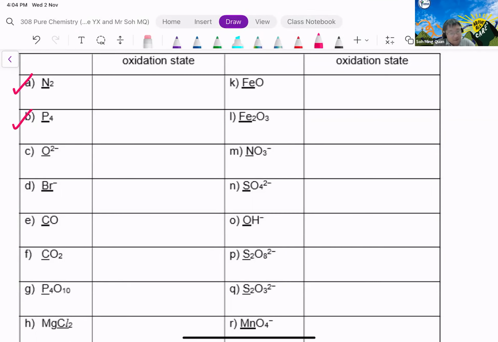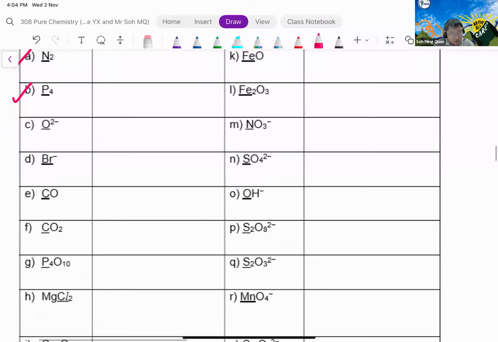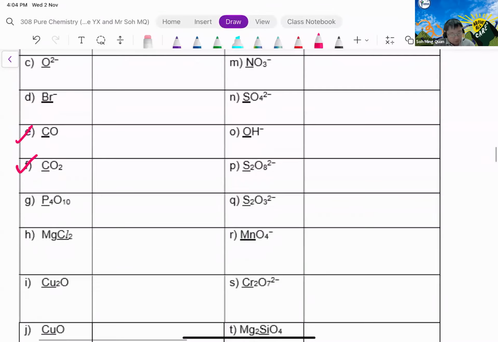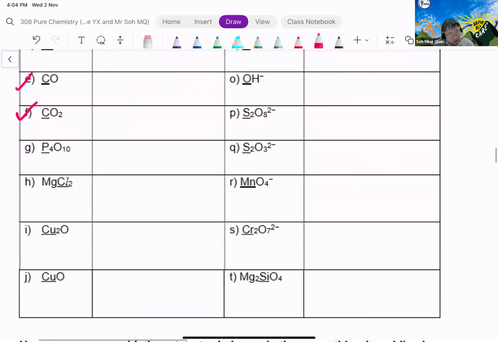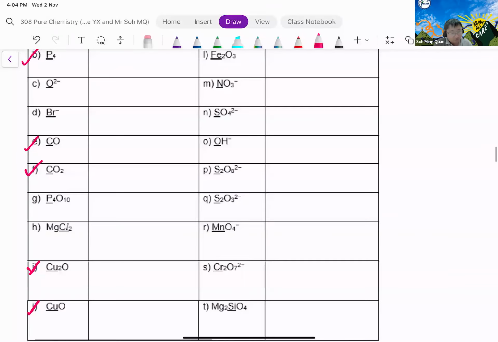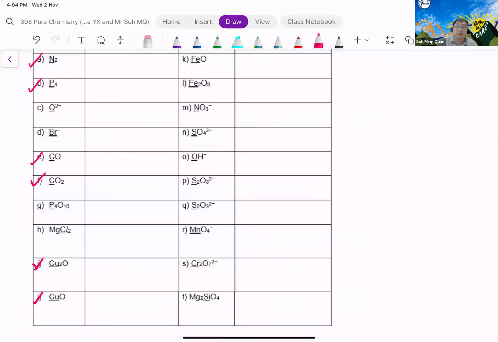I want you to try A and B, E and F, I and J first. I'm going to give you about 3 minutes to work these out. Please start now.